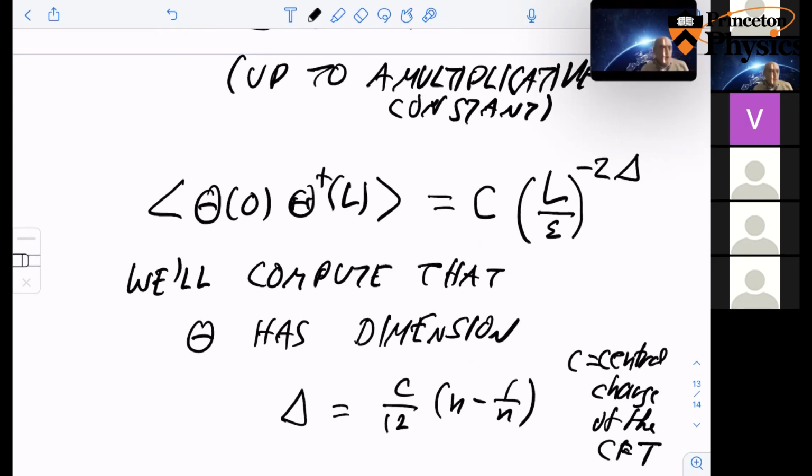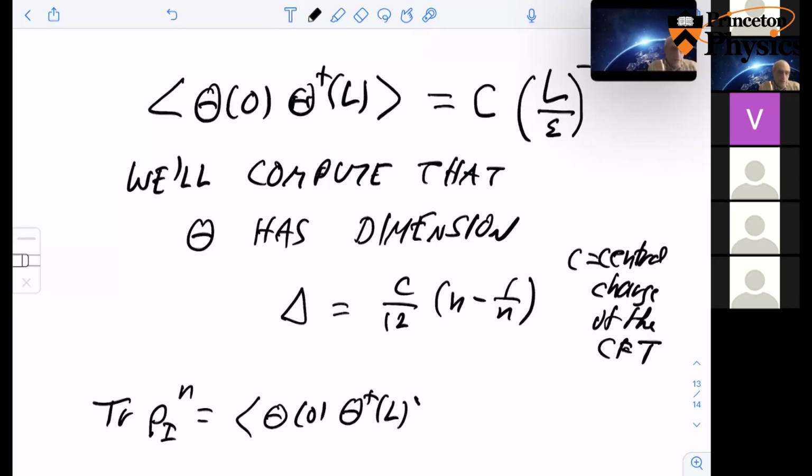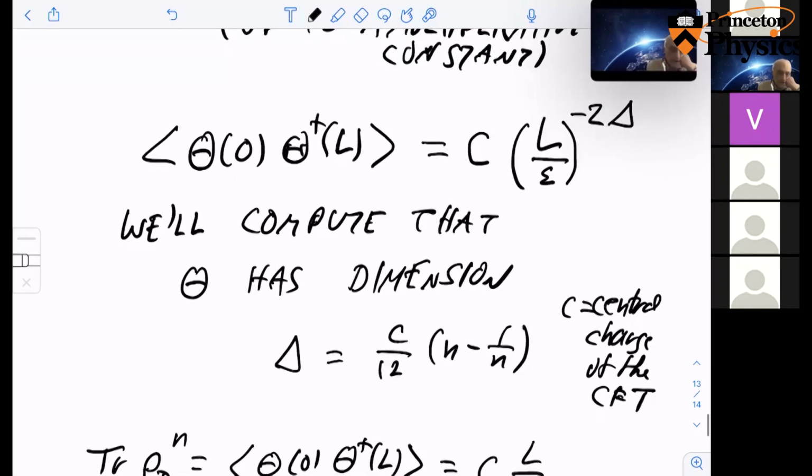And n appears because theta is bringing about this cyclic permutation of n copies. So we'll compute that in a second. But when we compute it, we'll have the trace of rho to the n. We learned that this is rho for the interval. That's theta of 0, theta dagger of L. That's a constant times L over epsilon to the minus 2 delta.